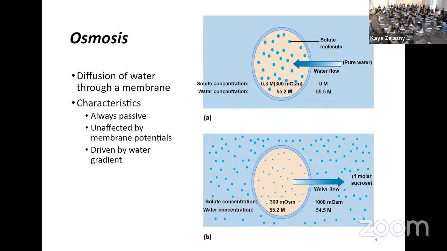That solute occupies space, the water occupies space, and you can think of them as a trade-off. So osmosis is passive, so water is moving from areas with a lot of water, so high water concentration, to less water, lower water concentration.